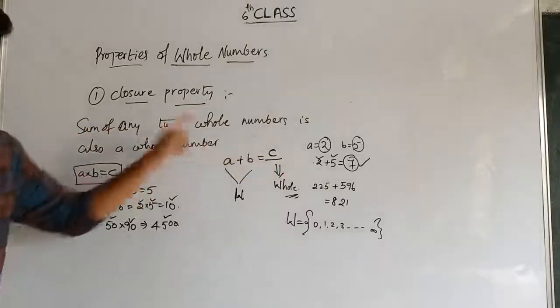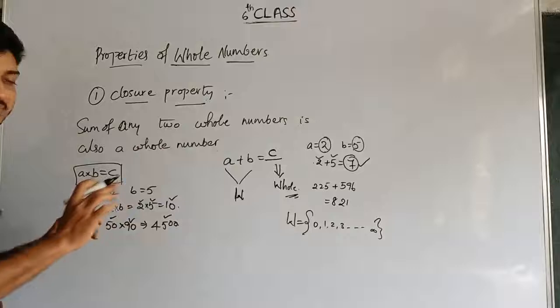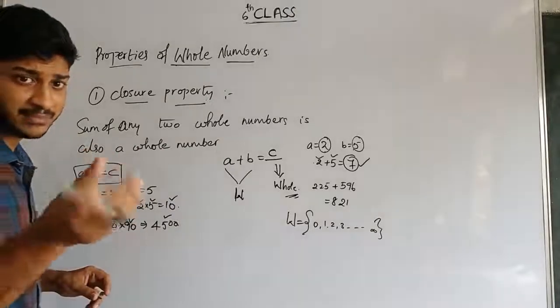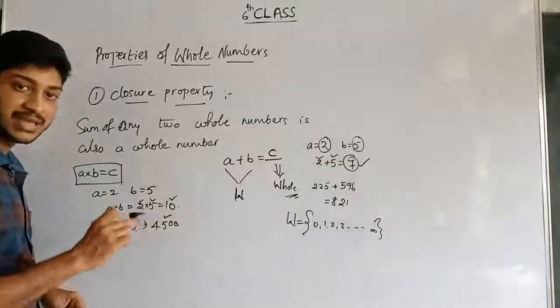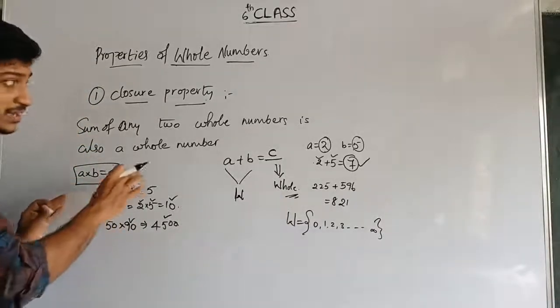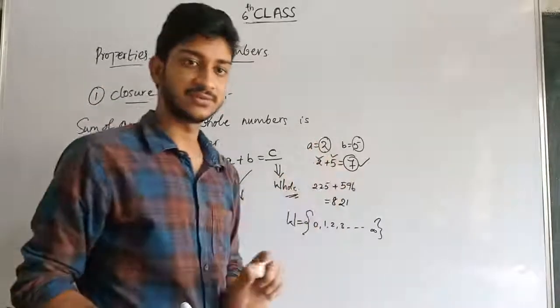Here we are adding, that's why sum; here we are multiplying, that's why product of any two whole numbers is also a whole number. Then whole numbers satisfy closure property under multiplication. So this property is satisfied under multiplication and this property is satisfied under addition.